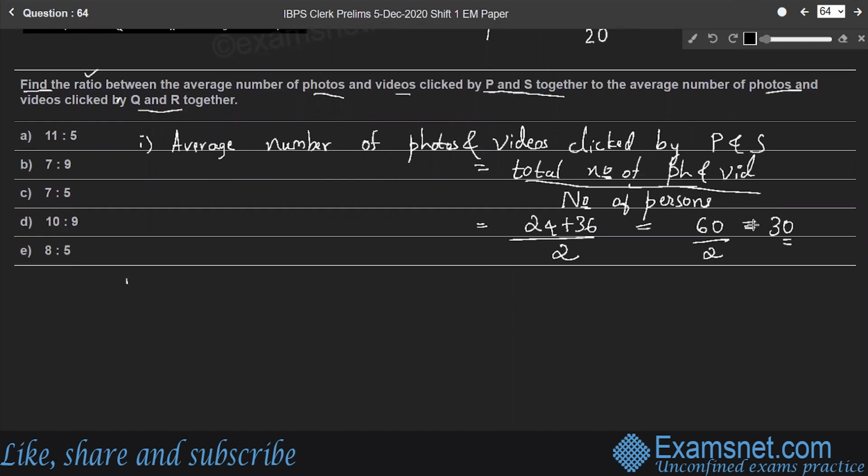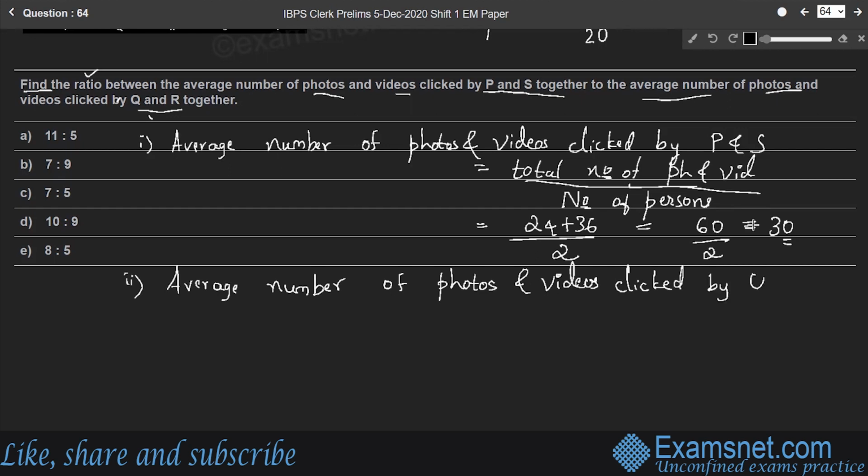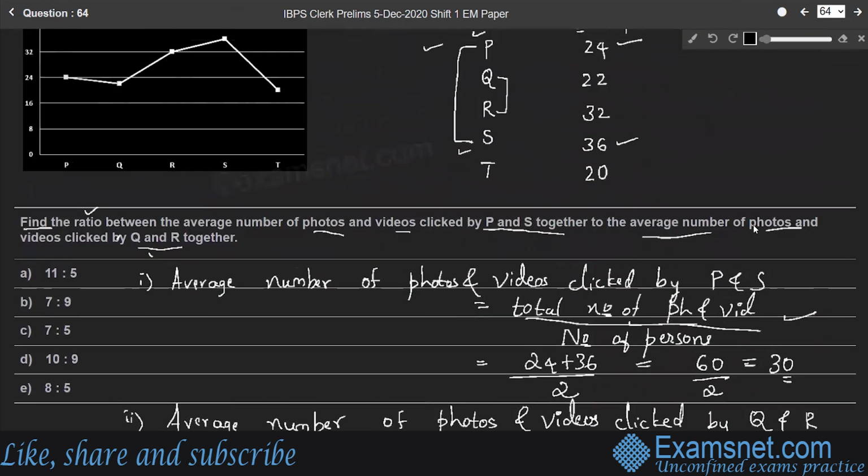Right? In the second case, the average number of photos and videos clicked by Q and R is equal to total number of photos and videos divided by number of persons.